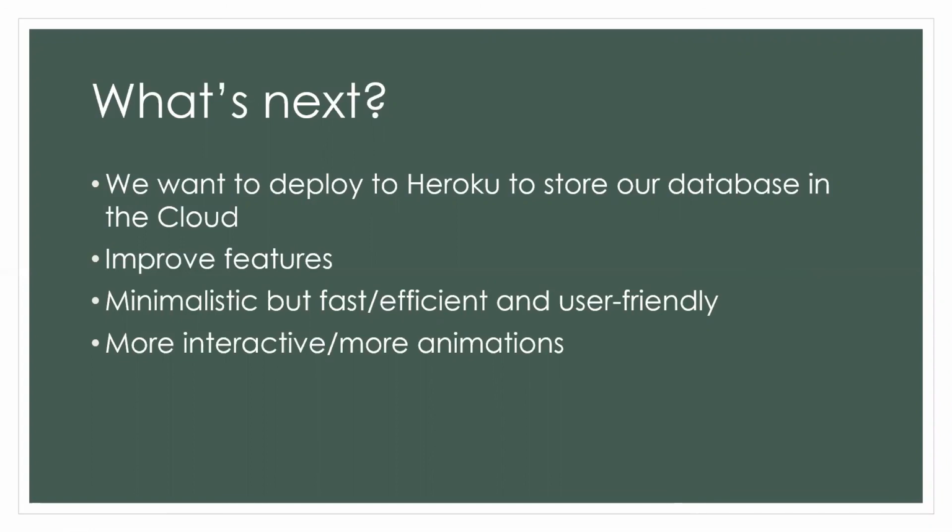Right now they see the answers that are shown to them, picked by the teachers, but that's something we want to add on. Also, we want to deploy our app to Heroku so that all of our database is stored in the cloud.